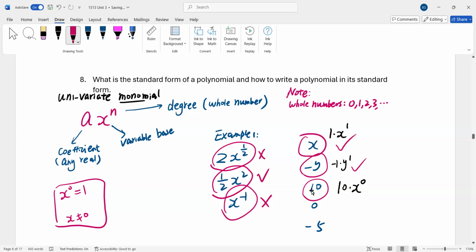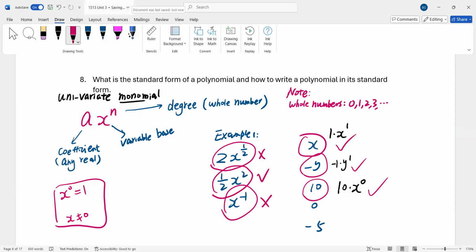If we write 10 as 10 times x to the power 0, that is in this form, right? Coefficient is 10, variable base is x, exponent is 0. Is 0 a whole number? I have it right here. So it is. Your answer is correct, but this is a challenging one. Degree is 0, okay? 10 is a monomial with degree 0.